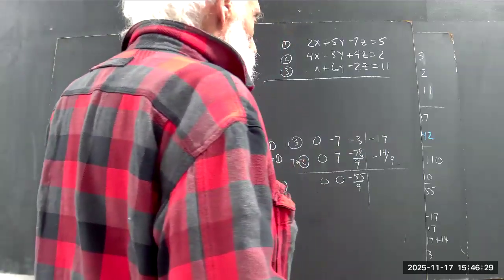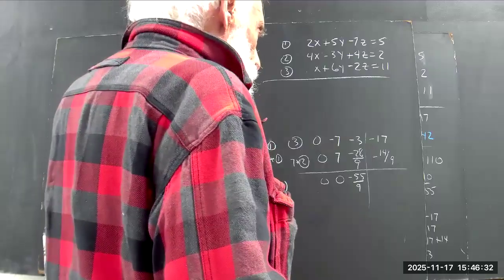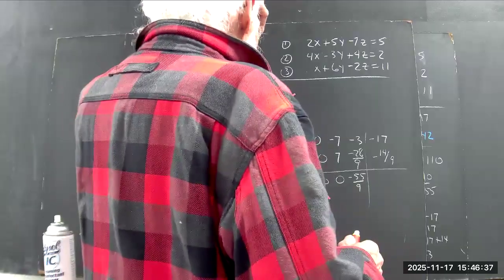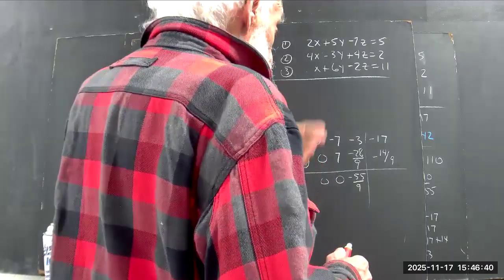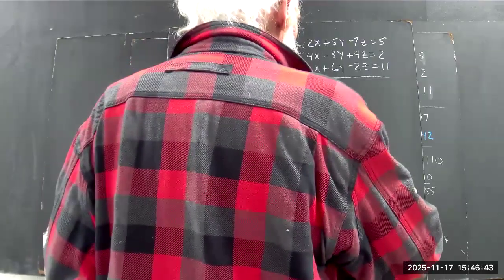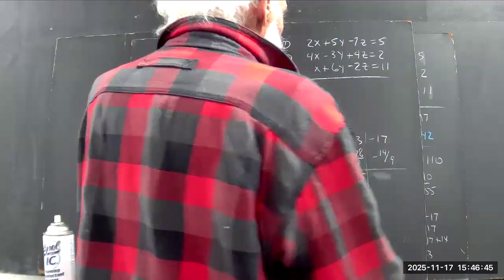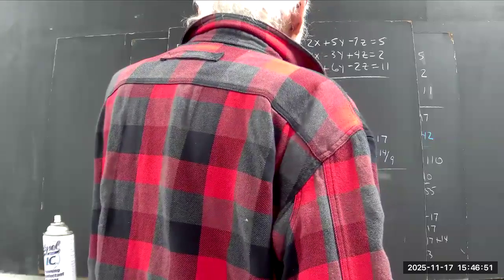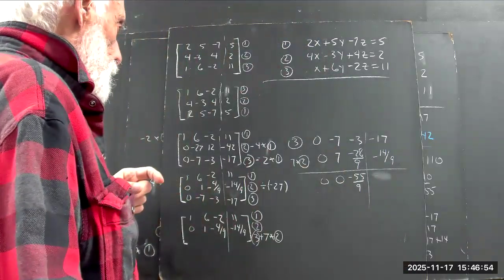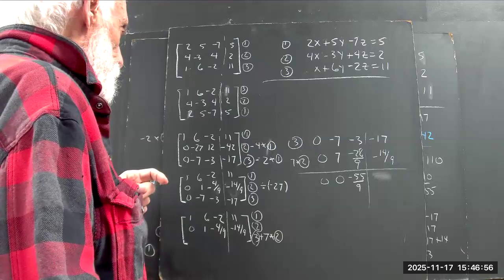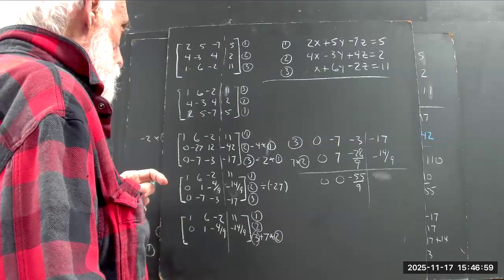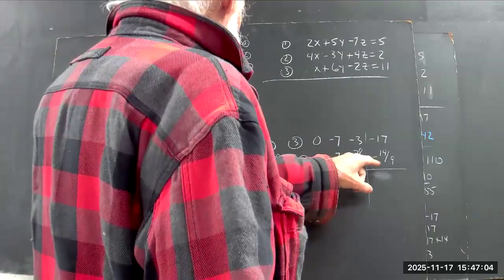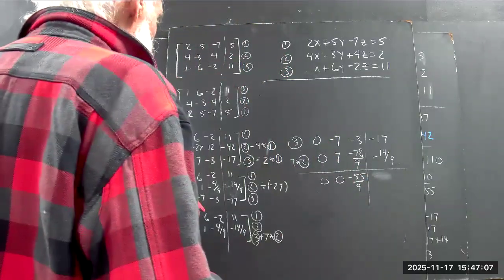Here, the -17 is -153/9. And when I did 7 times row 2, I didn't multiply my 14 by 7.